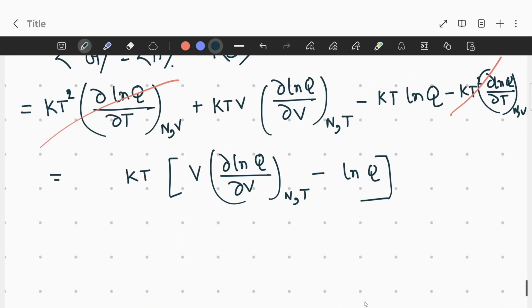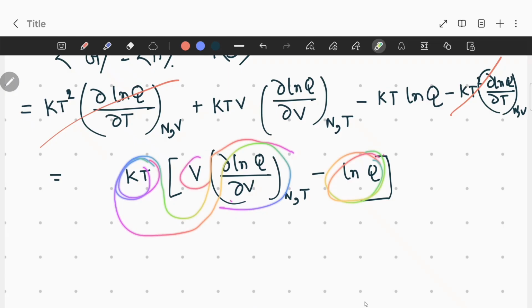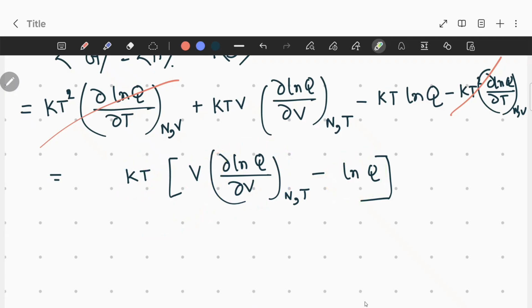Oh, it's clear, right? See here. It is A, kT ln Q, this is A. And this part is P, and this is V. Yes. It's clear, everything is consistent. Don't worry.